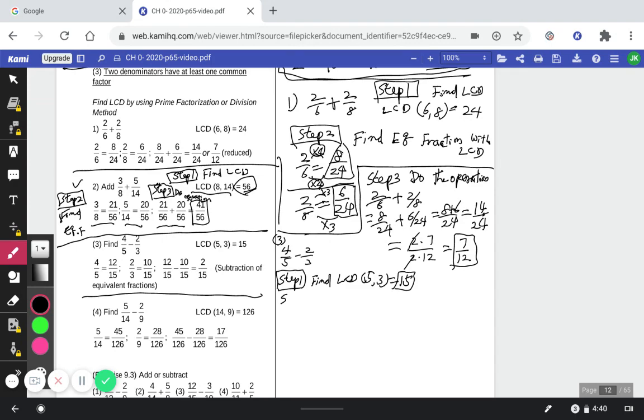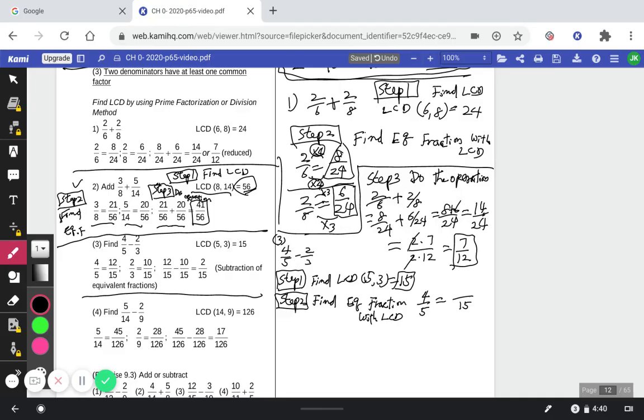Step 2, find the equivalent fractions of the 2 original fractions. So 4/5, but it has to be with the LCD, in terms of 15.